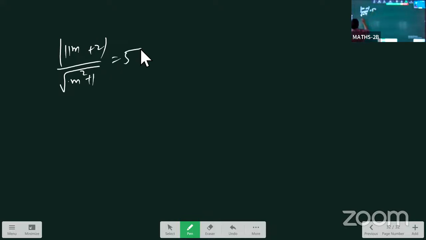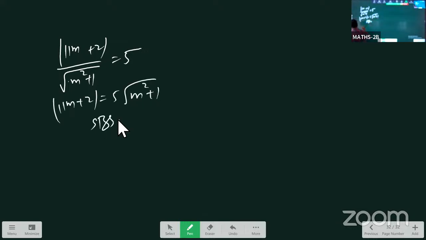Next, continuing the simplification, I get 11m plus 2 by under root of m square plus 1 equal to 5. That is 11m plus 2 equal to 5 into under root of m square plus 1.